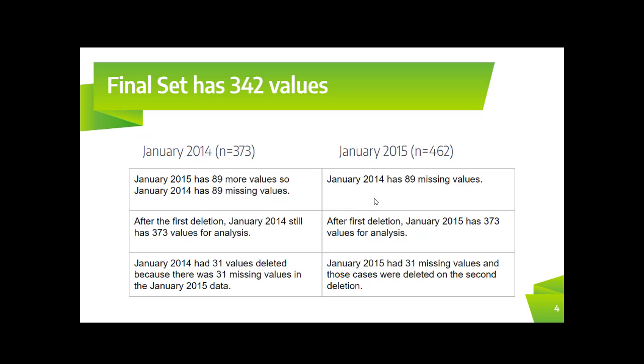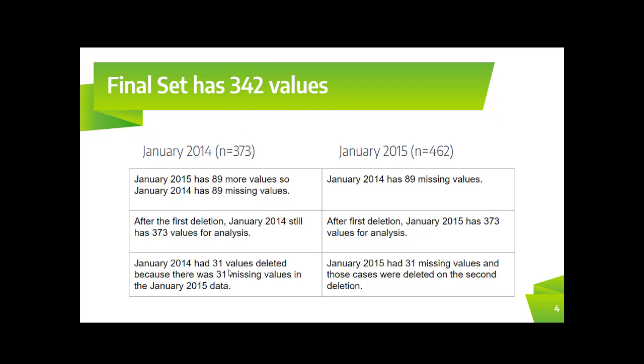So we had to delete the 89 missing variables from the 462. So at the end of the first deletion, both variables had 373. So they were evened up with what January 2014 had. However, that's not where we stopped. Where we stopped was 342.